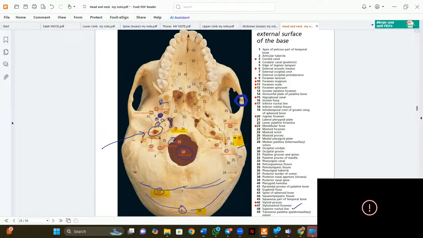Number 3 is carotid canal. Here also this is carotid canal, and here this fossa is mandibular fossa. And behind carotid canal there is a foramen. This is jugular foramen, because from here internal jugular vein and carotid, they will remain side by side.